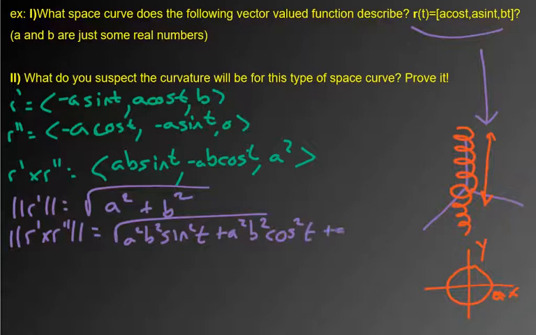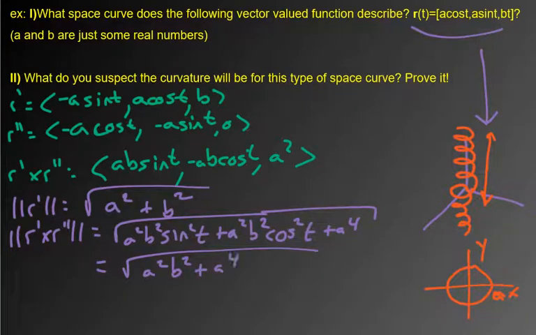And then you'll have an a to the fourth. And then you can do the same trick where you have this a squared b squared in both, so you can take those out. And you have a squared b squared plus a to the fourth now, because you use the trig identity in there.